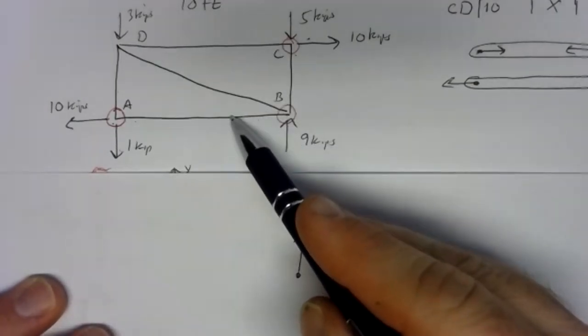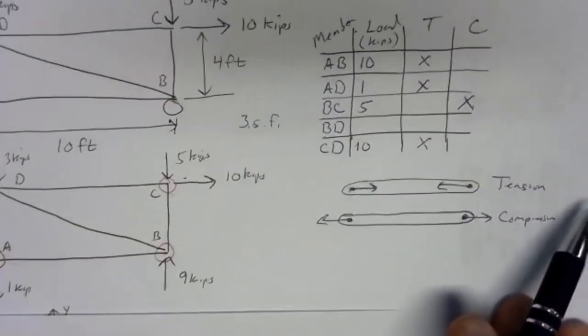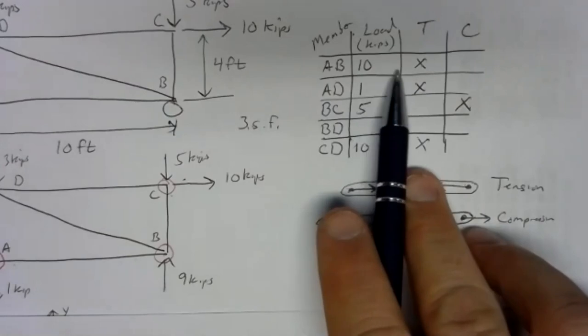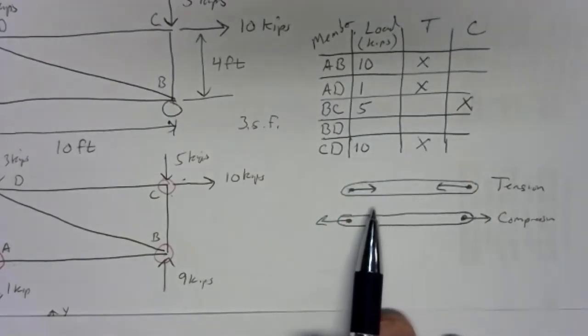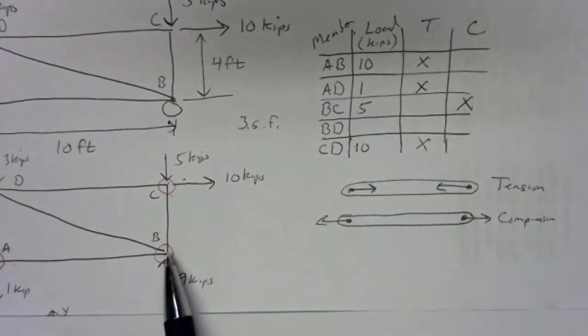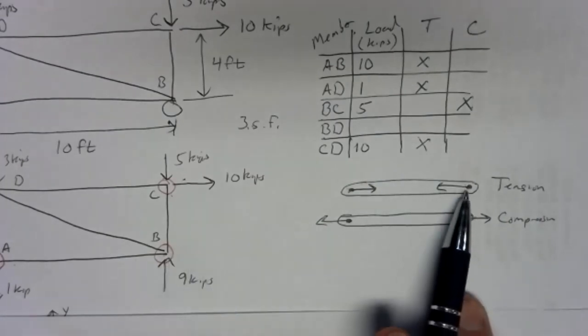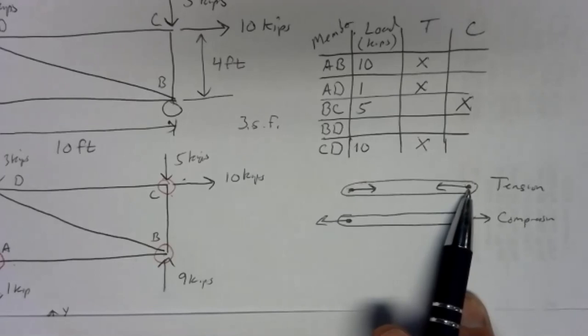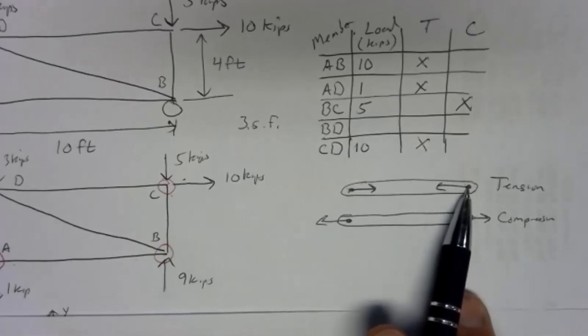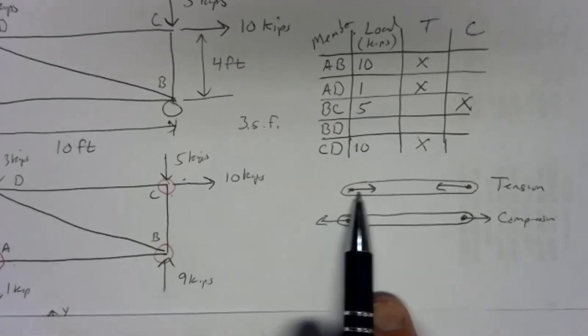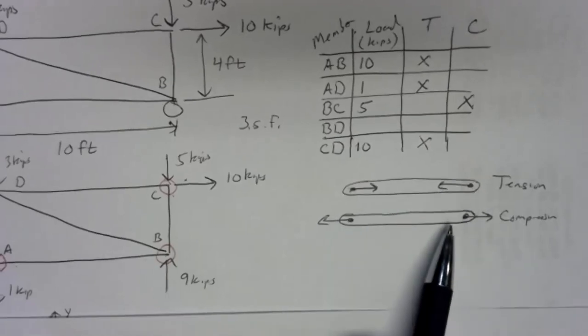Let's deal with member AB first. Member AB, according to our table, carries a load of 10 kips in tension. So here's what tension looks like. We're on the right side of the beam, so I should draw my 10 kips to the left. Member AB is in tension, so it's trying to make joints A and B closer to each other.